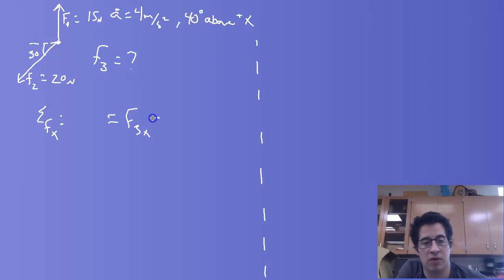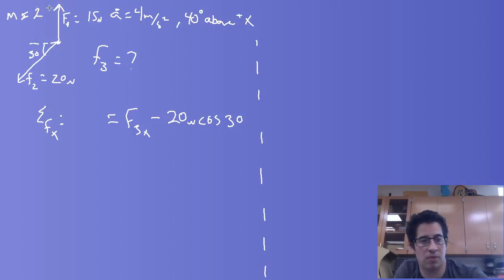Then we also have the x component of F2, so this would be 20 newtons times cosine of 30. Now this is going to all be equal to the mass of the object, which I didn't give. We'll say the mass is equal to 2 kilograms. Let's say the mass is equal to 5 kilograms.